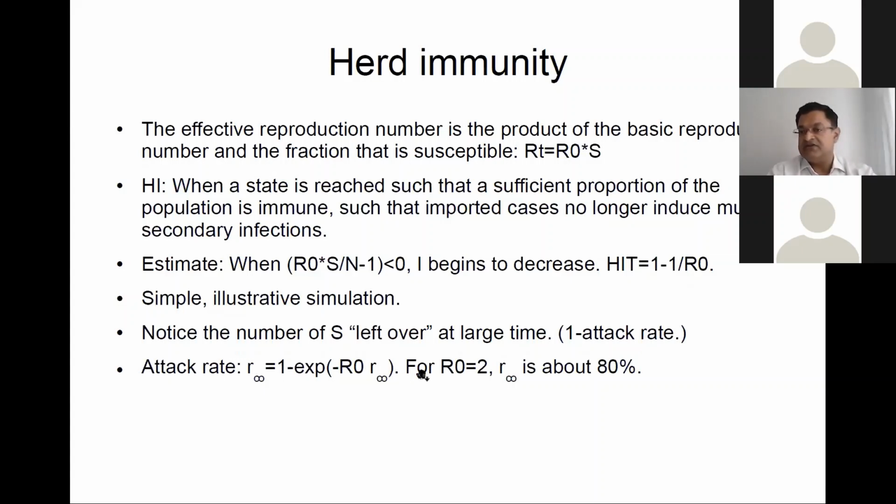If anyone is interested, we can discuss it carefully. It turns out that if R0 is 2, the attack rate of the population is about 80%. So by the time the infection passes through the population, about 80% of the population will be infected, and 1 minus 80%, about 20% of the people, will continue to remain susceptible.